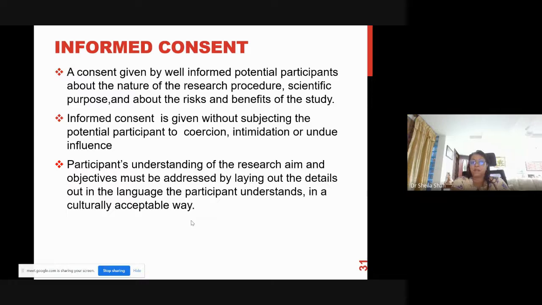You must tell them, don't force them. Don't influence them to take part in your study. Normally Malaysians are very obliging people. They will offer themselves. And then you must tell them why you are doing the study. Tell them the truth.